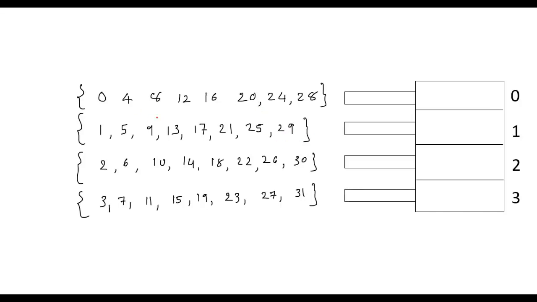So none of the blocks in this second category will be stored in the 0th position. This won't happen because the modulo operation of these numbered blocks will not be 0 at any time.